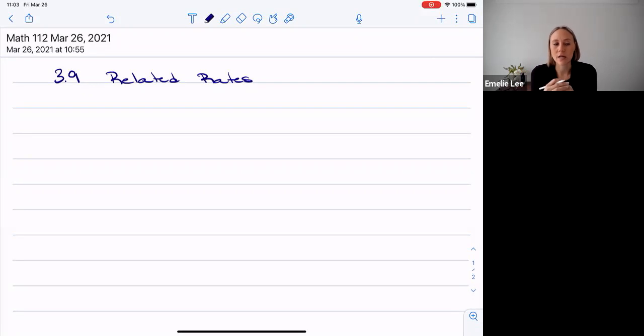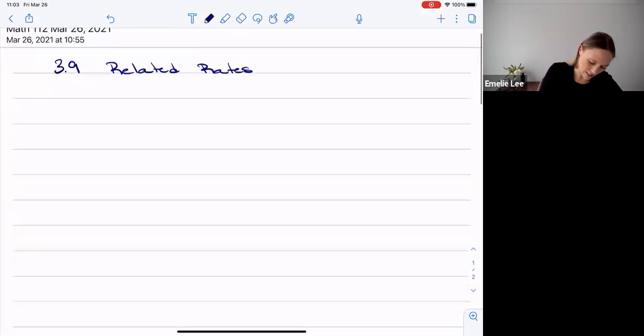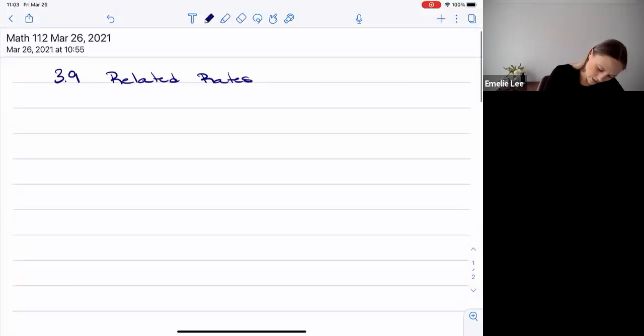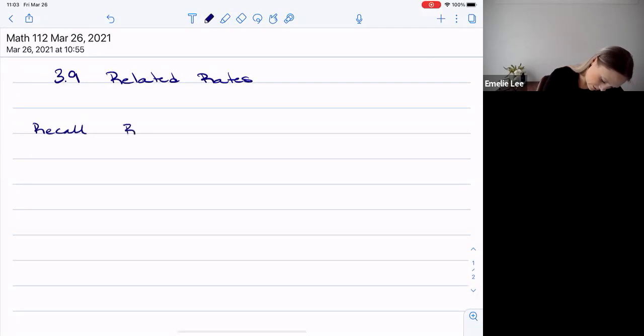In our case, one rate of change will be given, and then we need to use it to find a different rate of change. Recall that a rate, or a rate of change, is the derivative.